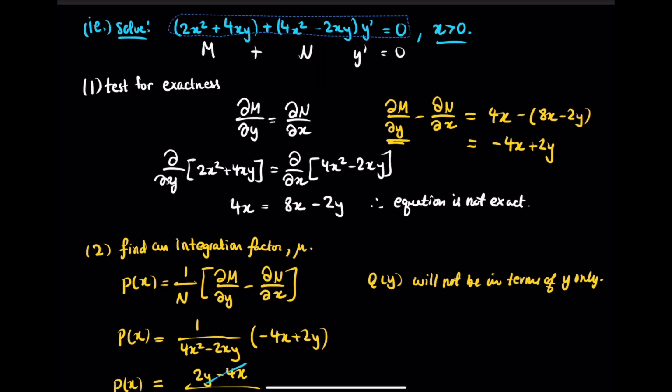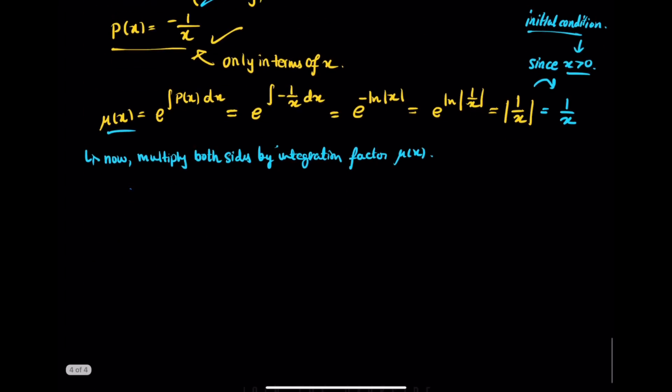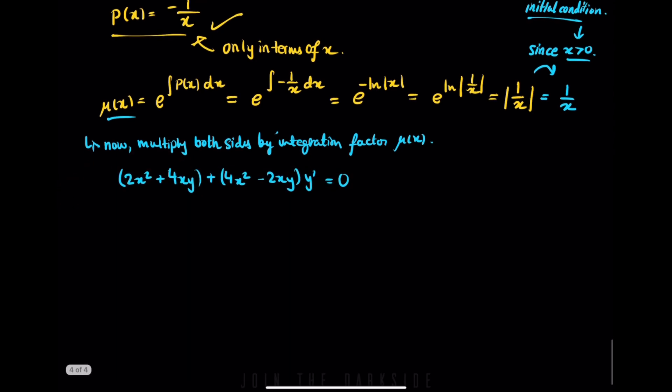I'm just going to copy this like so. What we're going to do is literally multiply by 1 over x on both sides, and that's going to stay 0.